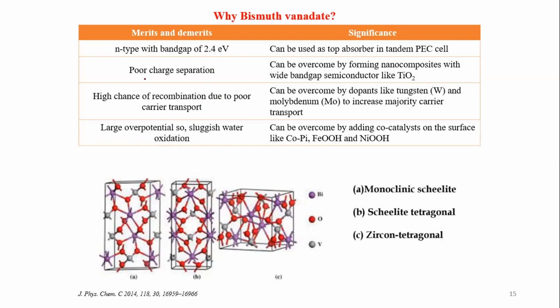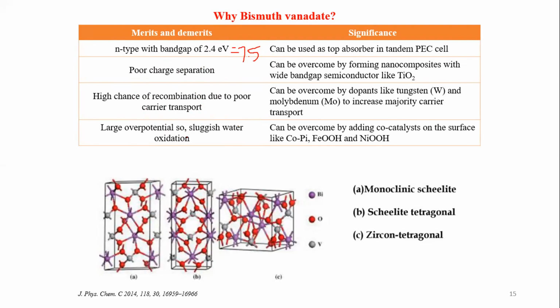But over the last few years, a lot of new ideas have been proposed to improve these disadvantages, because theoretically, with 2.4 electron volts, bismuth vanadium oxide should produce a photocurrent of 7.5 milliamps per square centimeter.